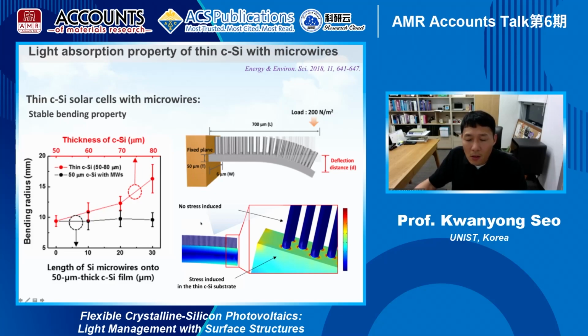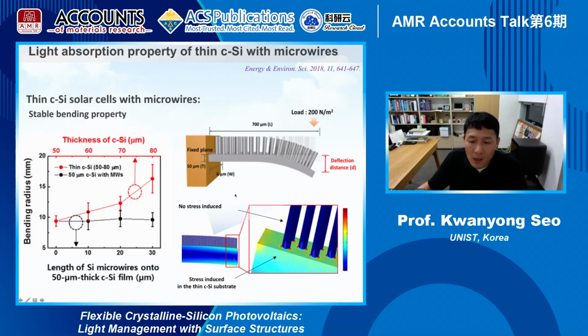When you do a very simple simulation, during the bending process, the mechanical stress is only applied on the bottom substrate, not in the microwire array. Because of the spacing between the different wires, all the mechanical stress can be released very easily due to this enough space between wires.